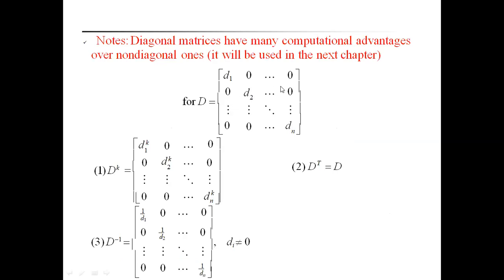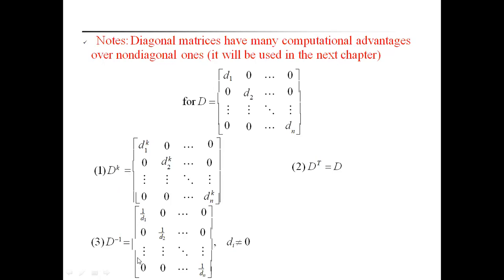Diagonal matrices have many computational advantages over non-diagonal ones. Because D is the diagonal matrix D1, D2, Dk, Dn, D power k, the power of the matrix, can be easily found in diagonal matrices: D1 power k, D2 power k, Dn power k. We only raise the powers of the diagonal elements, and we get the matrix power.